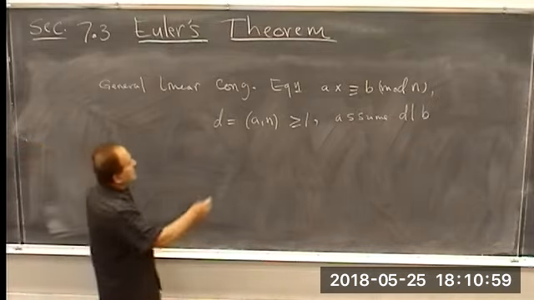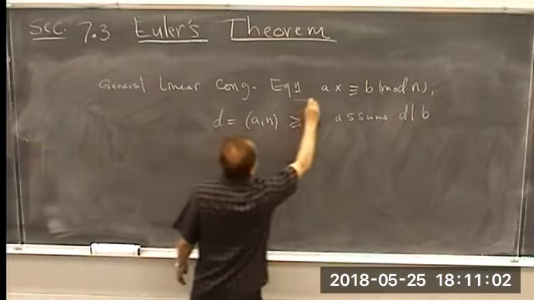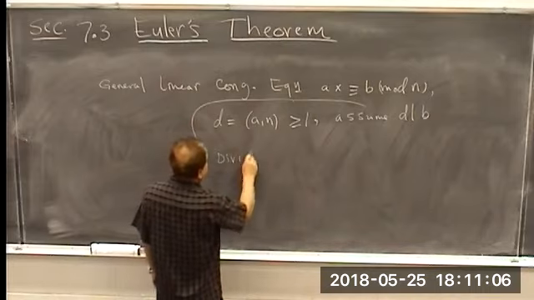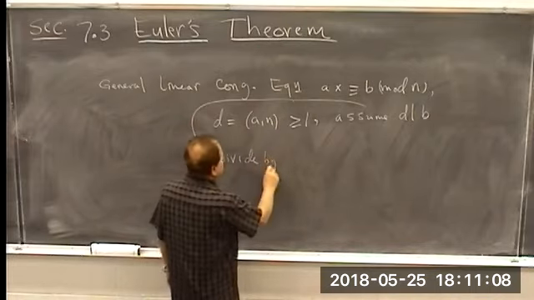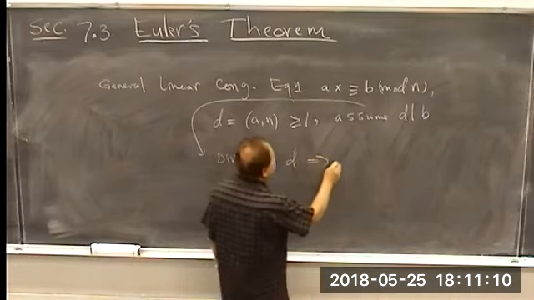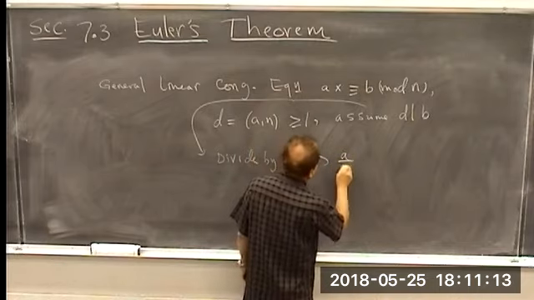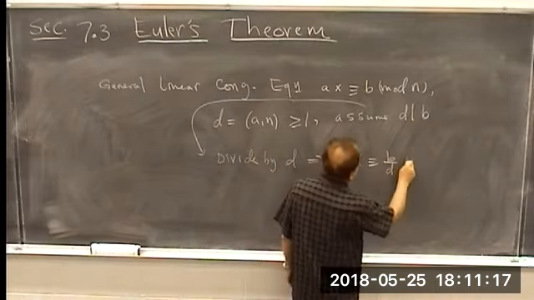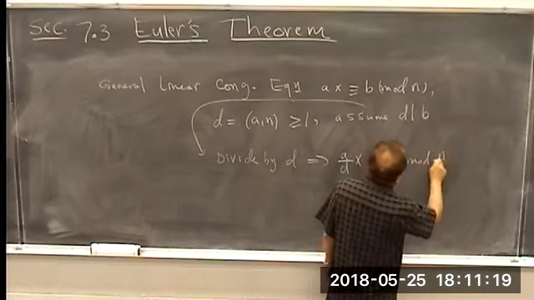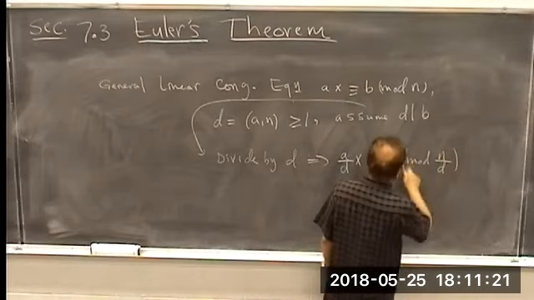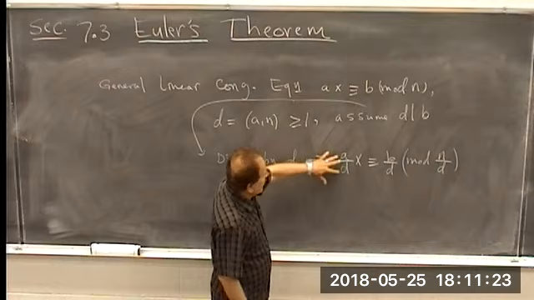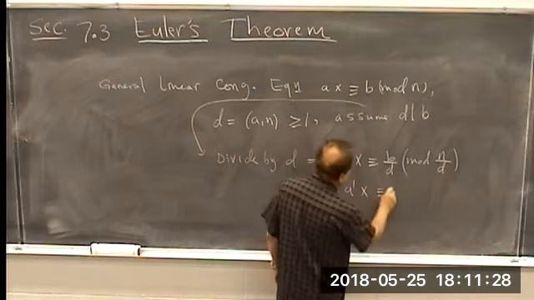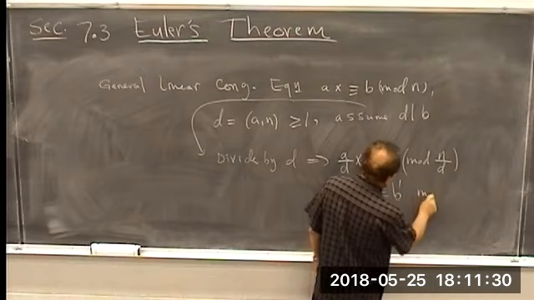And what we need is one solution. What we could do is divide both sides of this congruence equation by D, and we come up with a new congruence equation. And we need to divide the N also by D. So if I call A over D to be A prime, A prime X congruent to B prime mod N prime.